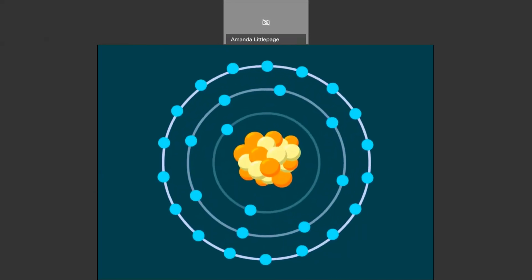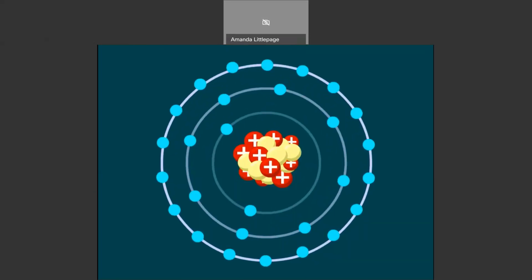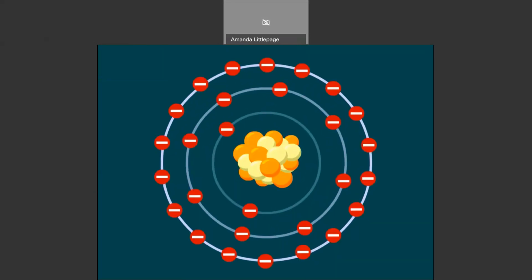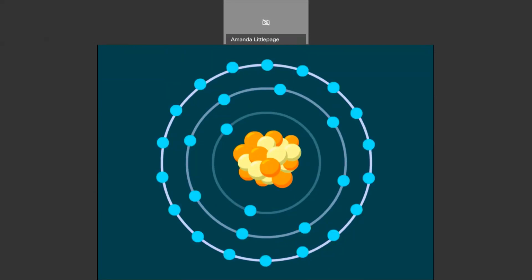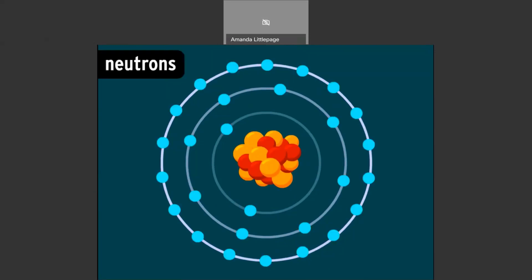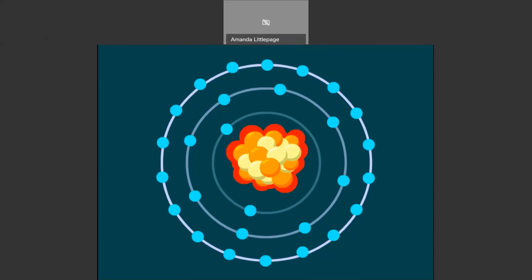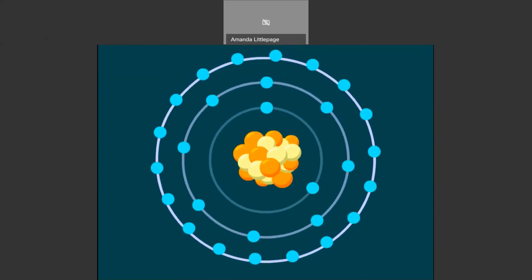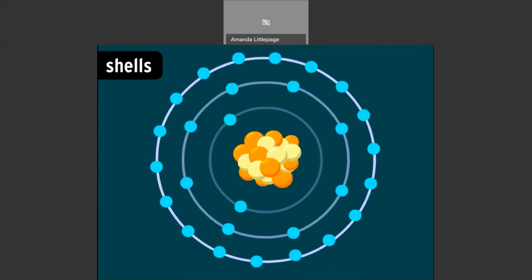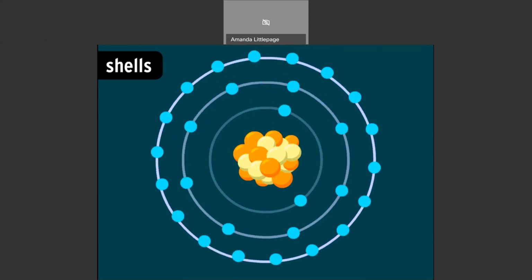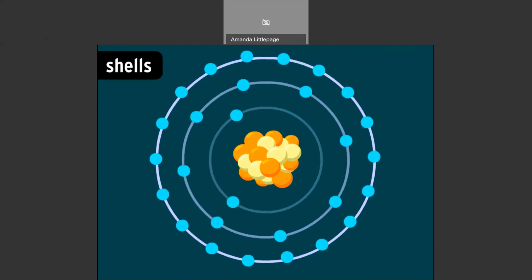Atoms are made up of three basic particles: positively charged protons, negatively charged electrons, and neutrons, which have no charge. Protons and neutrons clump together in the center of an atom, forming its nucleus. Electrons whiz around the nucleus at different distances, which we call shells. Oh, shells aren't really perfect circles.